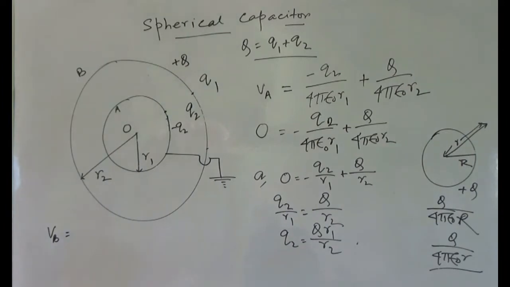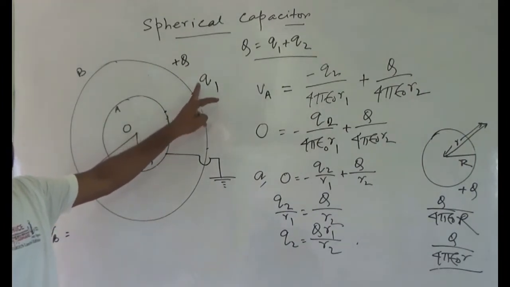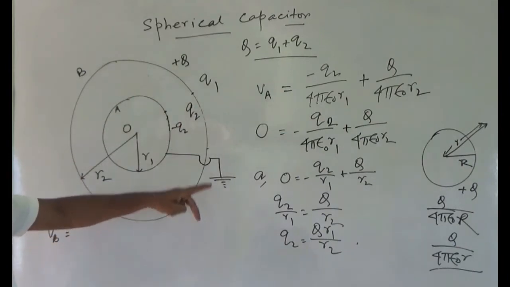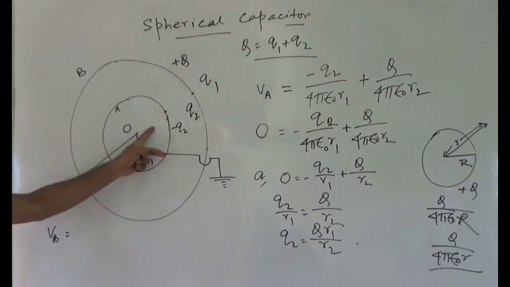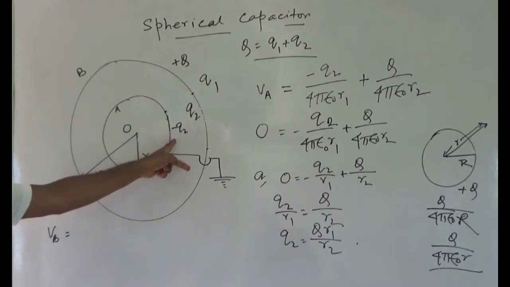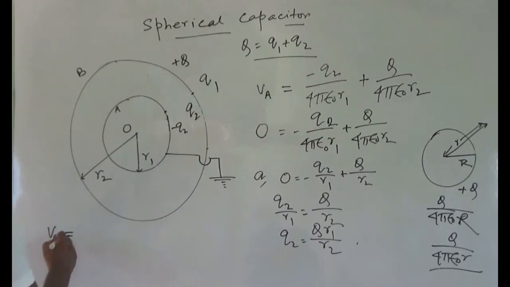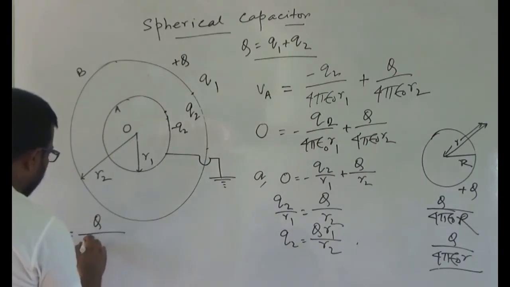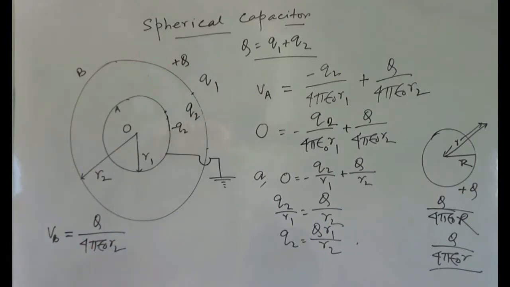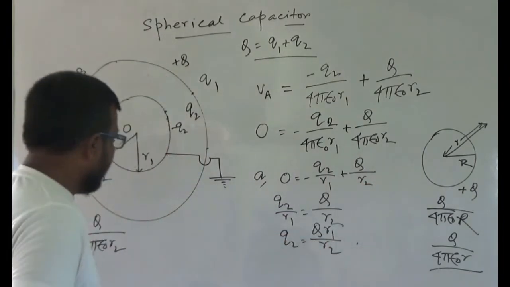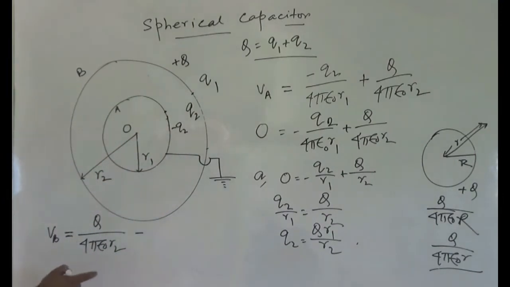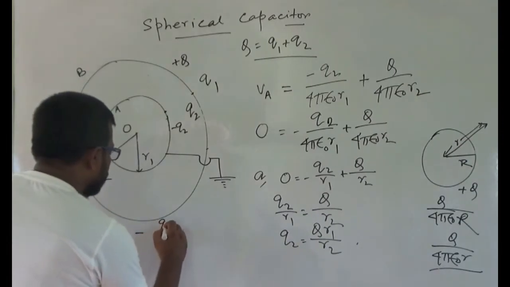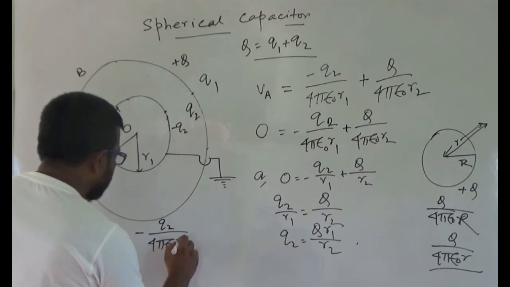Vb is the potential on the surface of the outer sphere, and that will be due to its own charge, plus capital Q, and due to the charge on the inner sphere A, which is minus Q2. Therefore, the potential due to its own charge will be equal to Q divided by 4 pi epsilon naught R2, and the potential due to the charge minus Q2 on the inner sphere is minus Q2 divided by 4 pi epsilon naught R2.